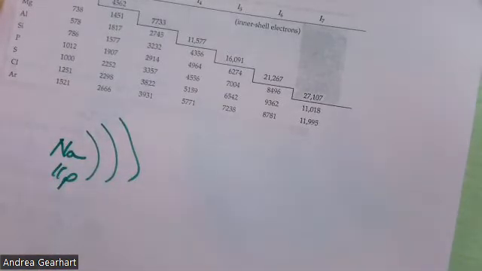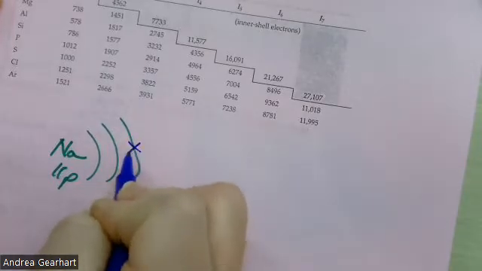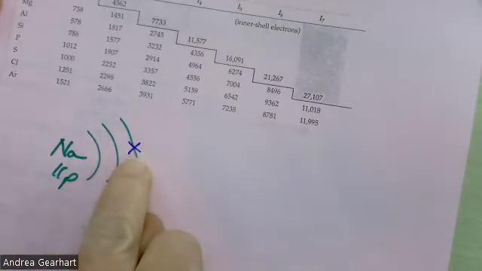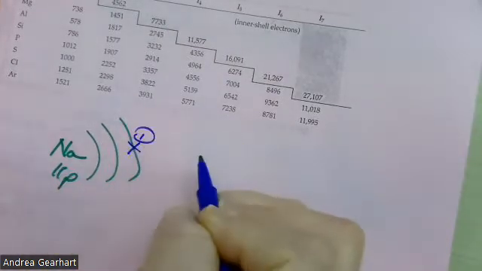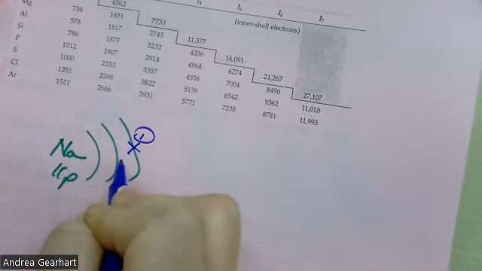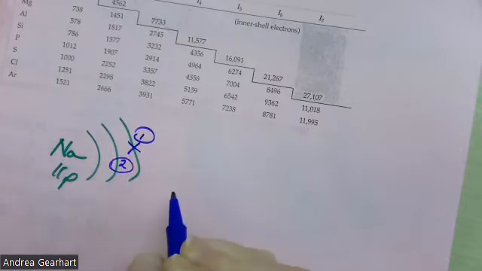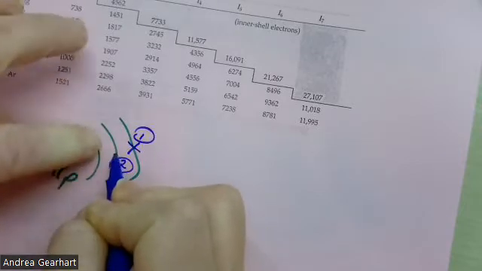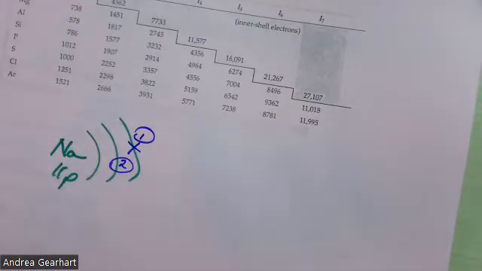The first ionization energy removes the 3s1. The second ionization energy removes one of the 2p. And then another 2p, and so on and so on.